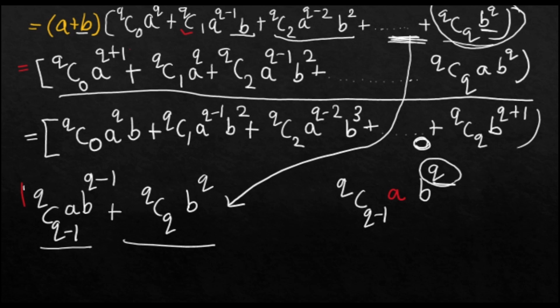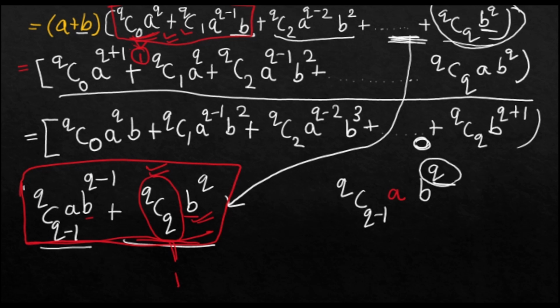This is the same method as we have done, as the power of A decreases here, the same way the power of B decreases in these two terms, and you can understand it better if you compare these terms. BQ, AQ, as A decreases this side and B decreases this side.